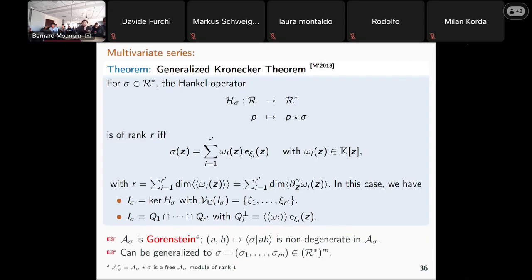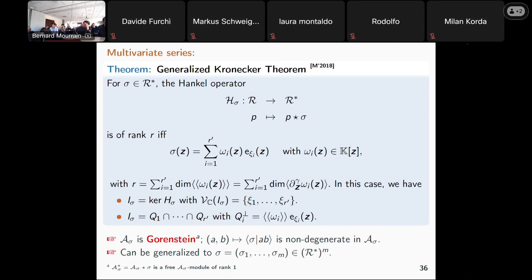So this was generalized for n dimension. We look at the Hankel operator going from the ring of polynomials to the dual and taking simply the product of P, a polynomial, with a sigma, which is a linear functional defined on R. And this operator has a rank r if and only if it can be written as a weighted sum of exponentials with weights which are polynomials.